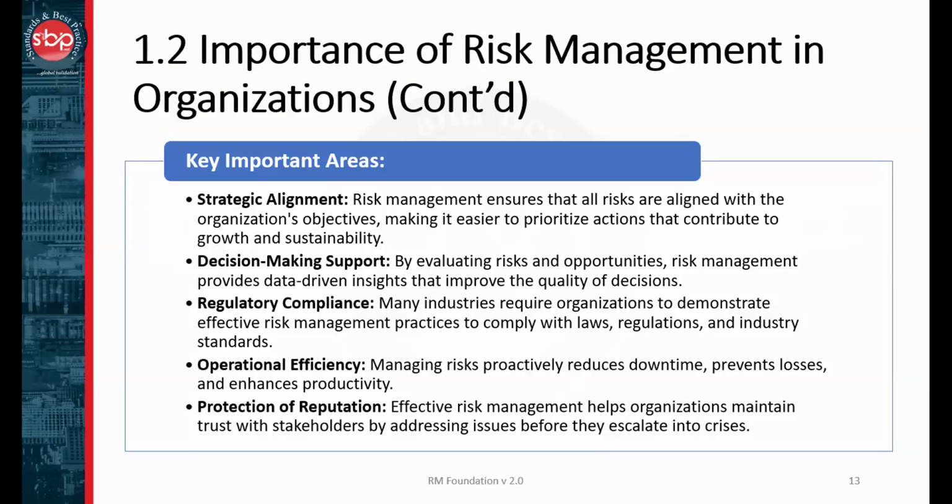Before you start managing your risk, you want to ensure that it aligns with your goals. The risk should not be scattered. It shouldn't just be any risk. What's the essence of you just conducting risk that does not align with your objectives? It does not make sense, right?